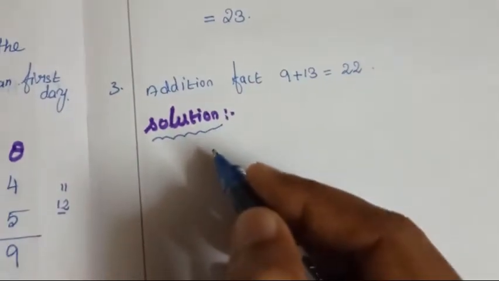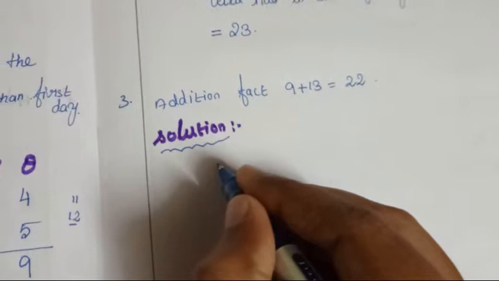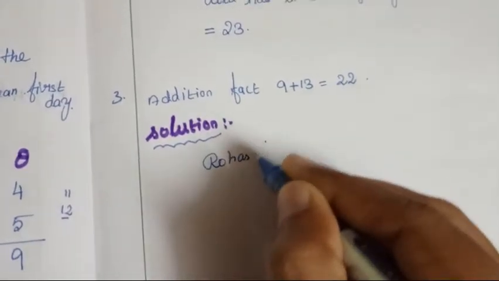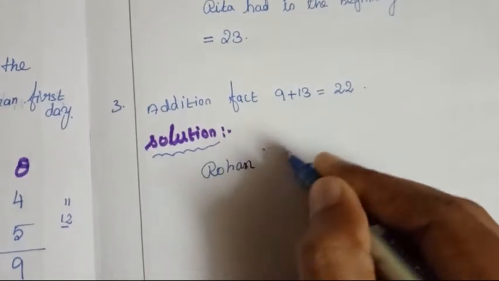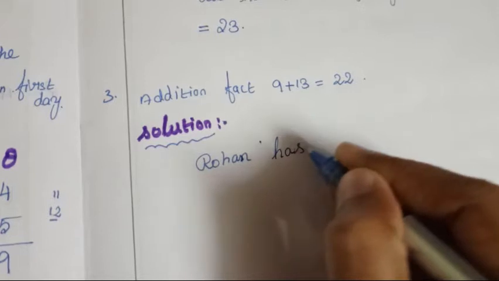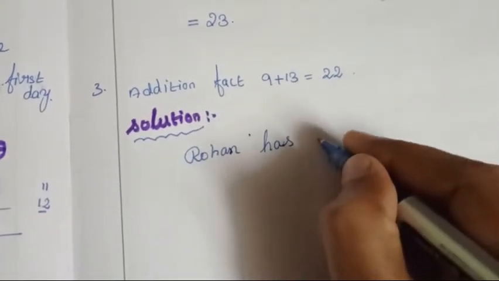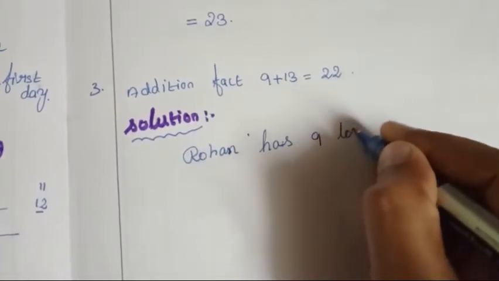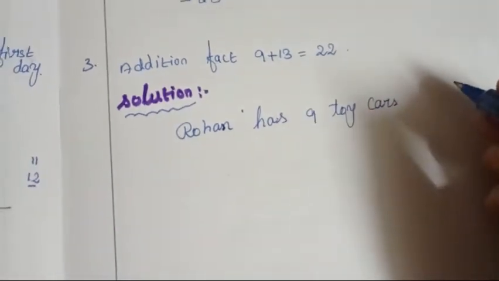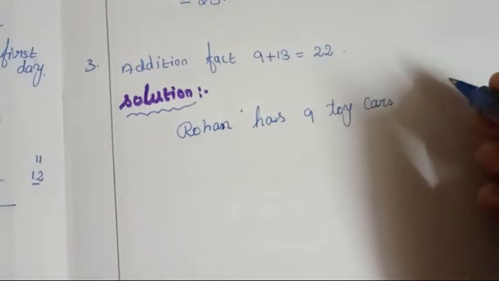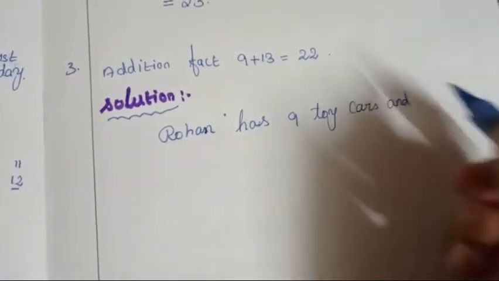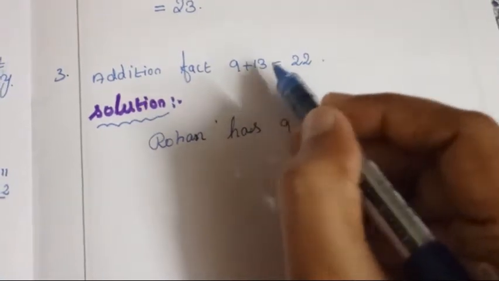Okay, so shall we write like this? Rohan has 9 toy cars. And now let's frame the statement for 13.